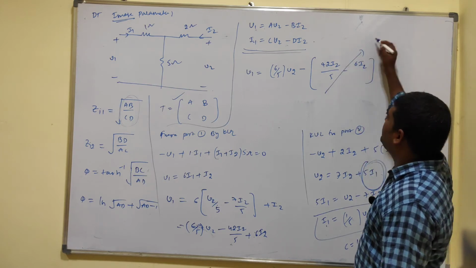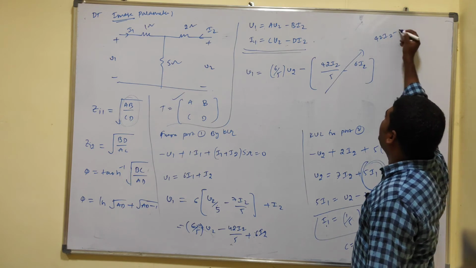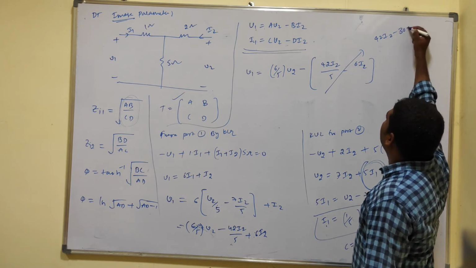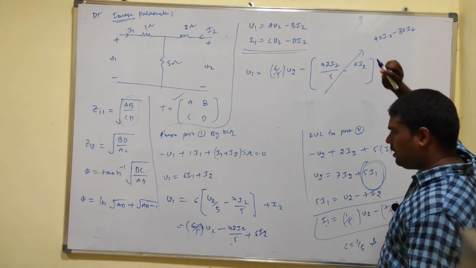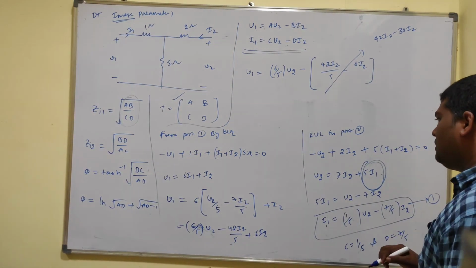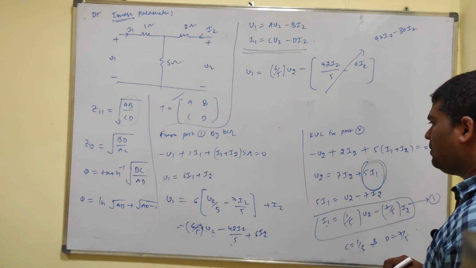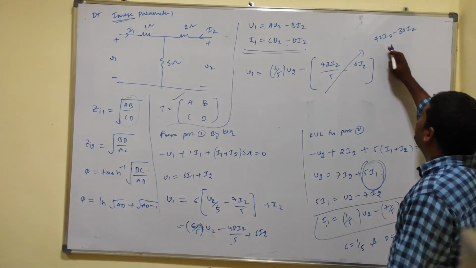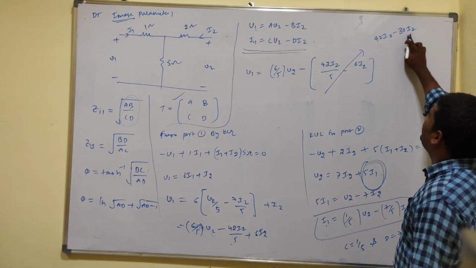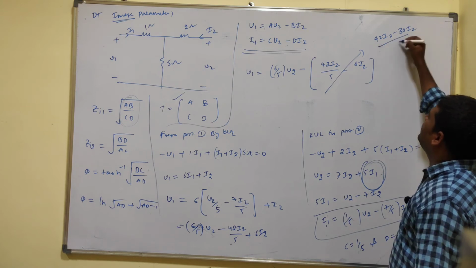If you simplify this, 42 I2 minus 30 I2 by 5.